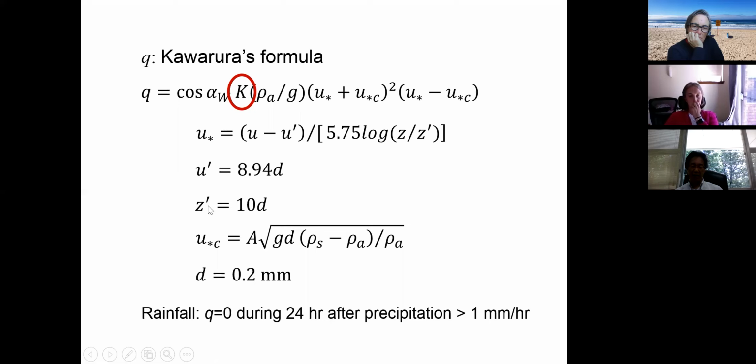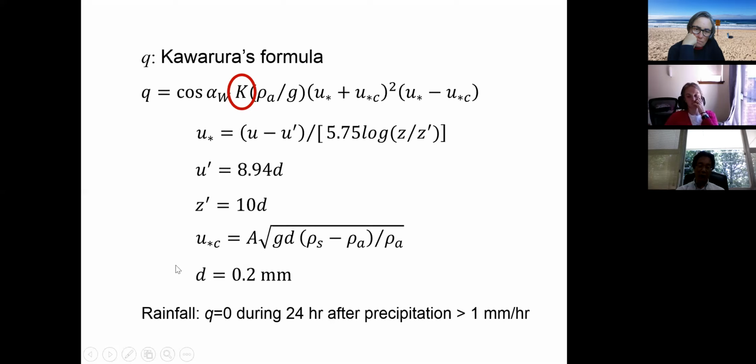U prime and Z prime are the wind velocity and the elevation at a so-called focal point where the wind velocity is fixed. Here D is the sediment diameter, and we assume that the sediment diameter is 0.2 millimeters. And K is a coefficient. In the previous study, K is reported to be 1 to 3.